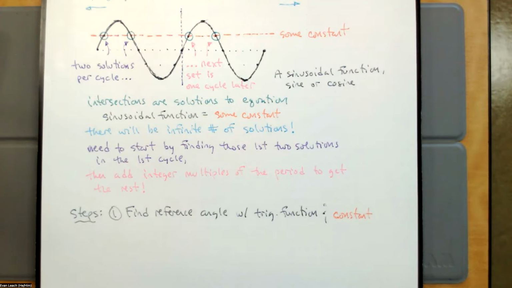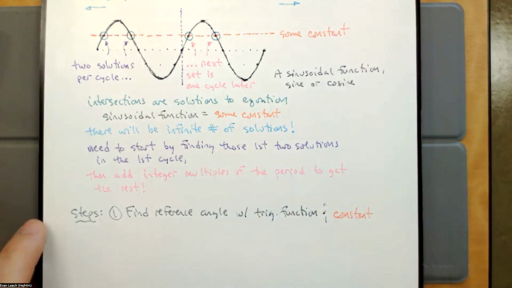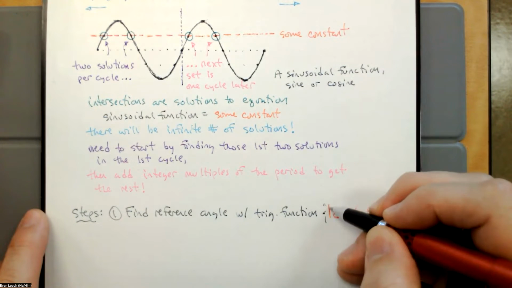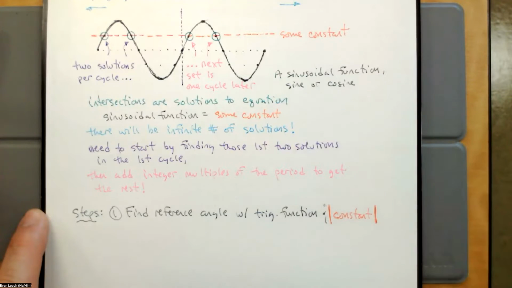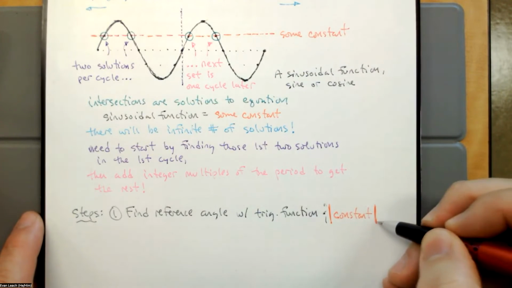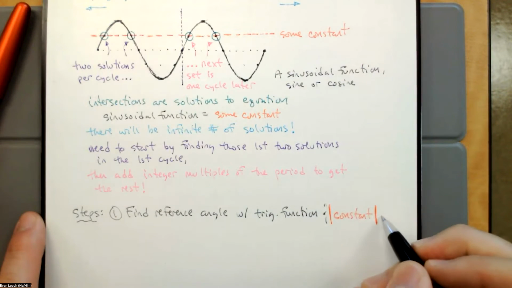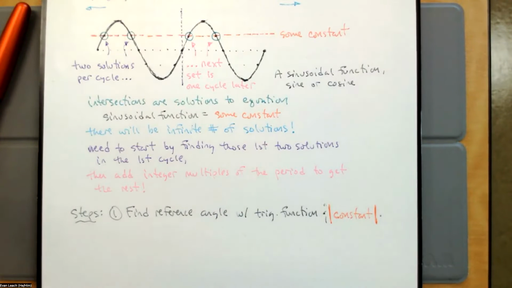At the start, we only care about the value because we're just trying to get a reference angle. But that's going to be a combination of the trig function and the constant.